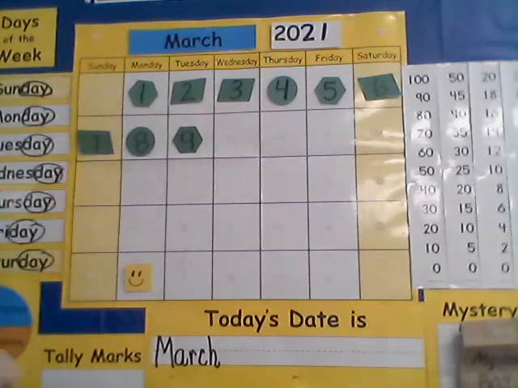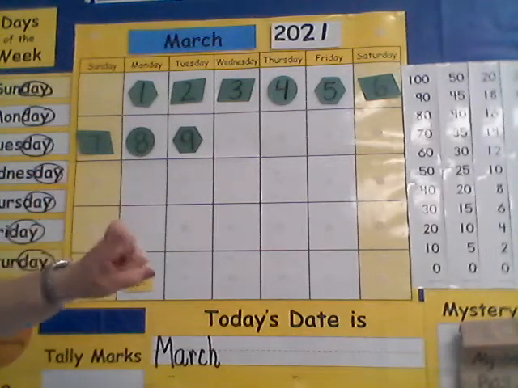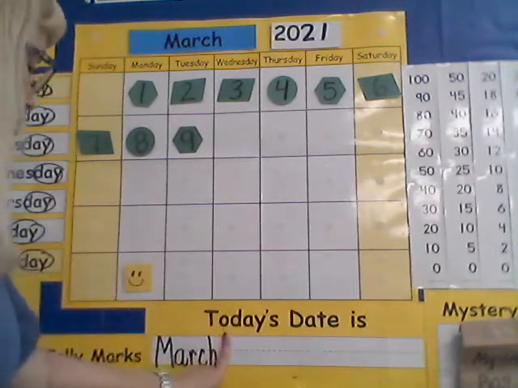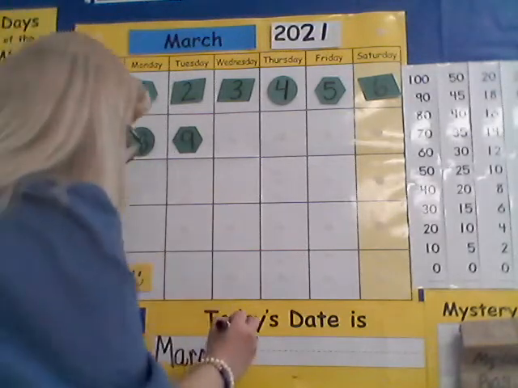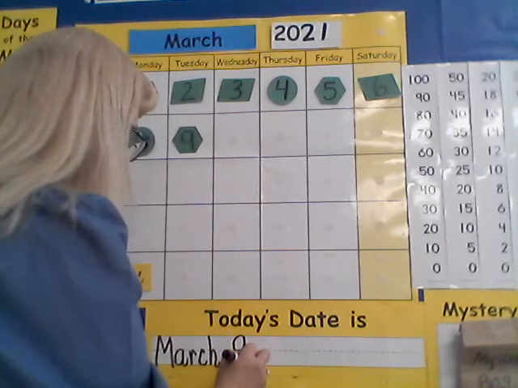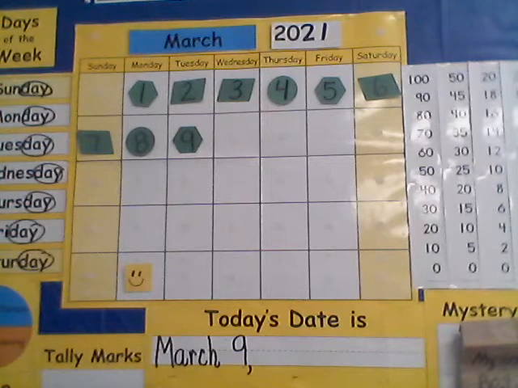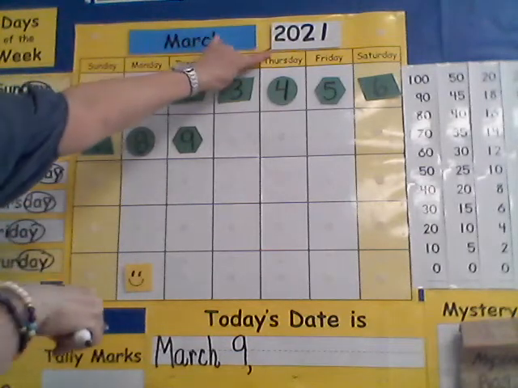The ch sound, like in chocolate. Then, of course, we're going to finger space. And what digit are we writing today? A number 9, followed by a, yep, is a comma number? No, it is a space. Sillies. And please tell us the digits in the year.